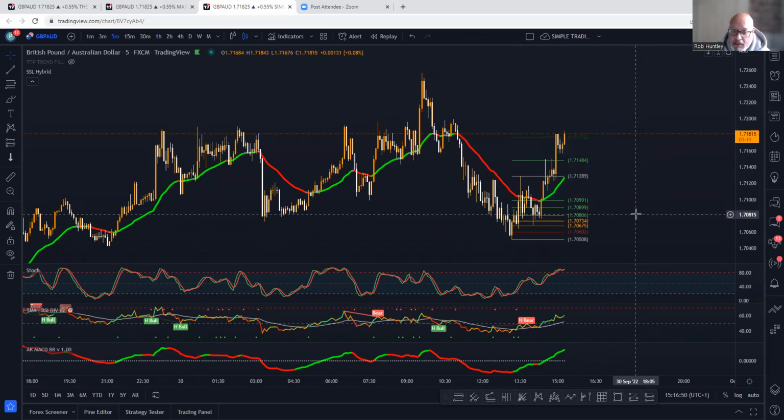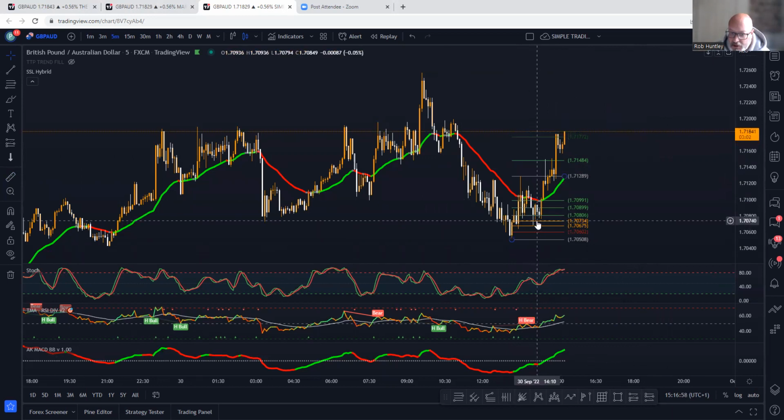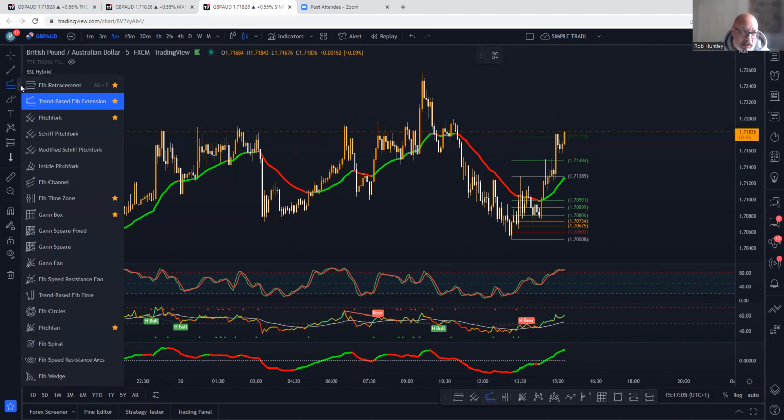But the other thing that I do as well is I will mark this out for potential entry position. And then I use the trend-based fib extension, which is again over here on the second one down. So fib retracement is the top, trend-based fib extension is the second one down.